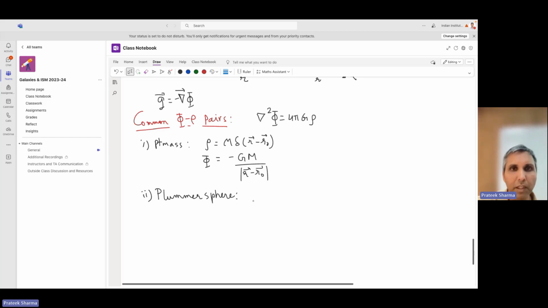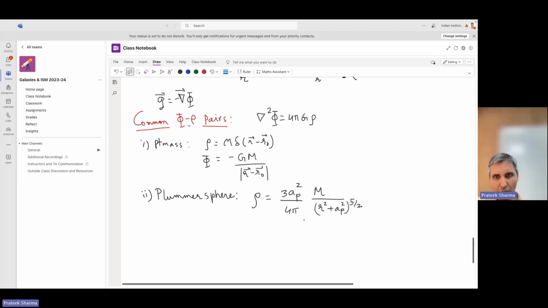Let's see. So the density of a Plummer sphere looks like 3 a_P squared by 4 pi, mass divided by r squared plus a_P squared to the 5 by 2. So this is how the density of a Plummer sphere goes. a_P is some scale parameter.